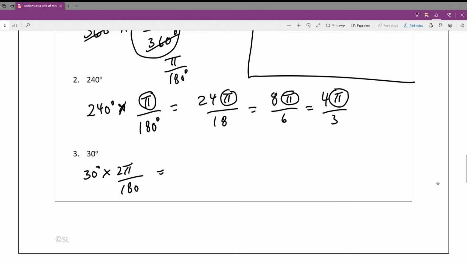I'm just showing you that we can interchange between the two. It doesn't really matter. This would be equal to 1 pi over 6. If you multiply it out and simplify the fraction, you should get pi over 6. And the unit is rad.